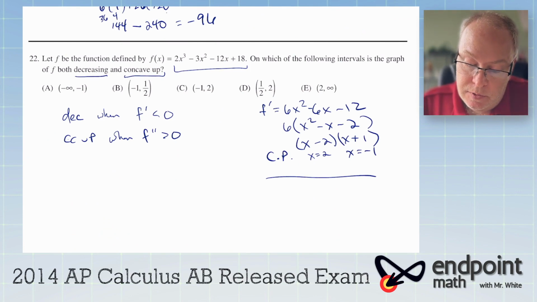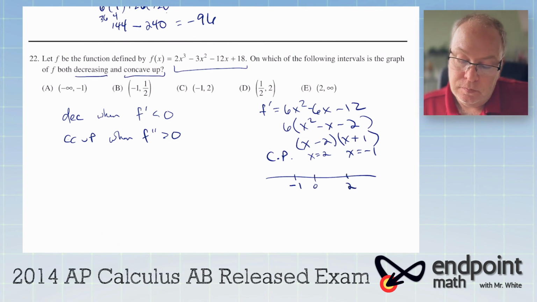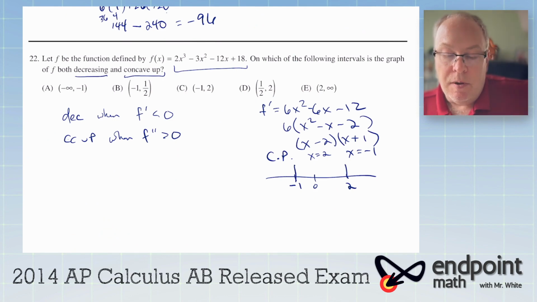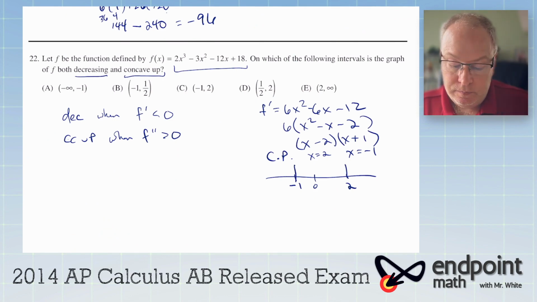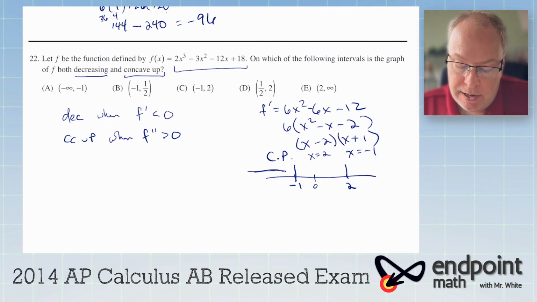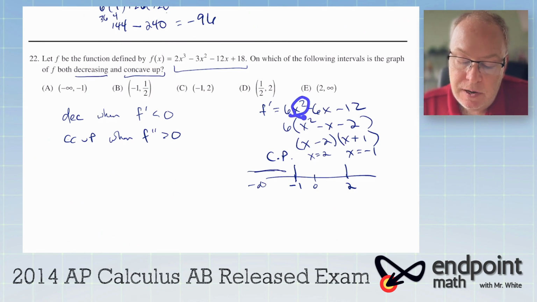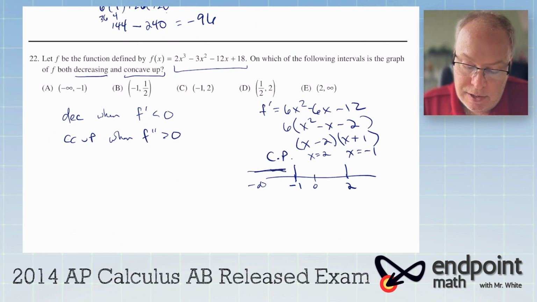So we come over here, and some of you like to use a number line. Let's do that. Here's 0, here's 2. From negative infinity up to negative 1, let's plug in and see. Negative infinity squared is positive infinity, so that's going to beat everything out, and we're going to end up being positive.